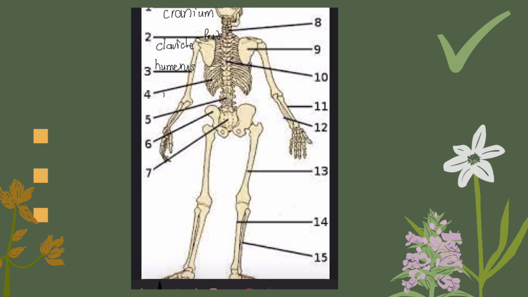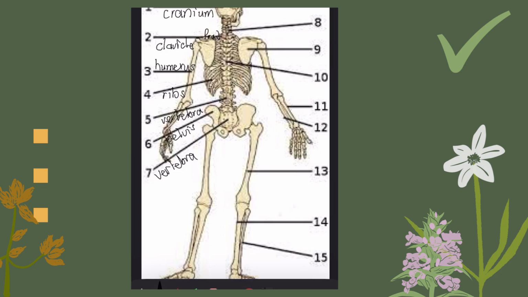Number 4 we see is the ribs. Good. Number 5 runs down the back, which is the vertebra. Number 6 will be the heart shape, which is the pelvis. Good.